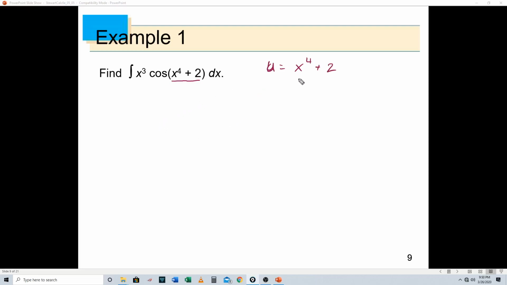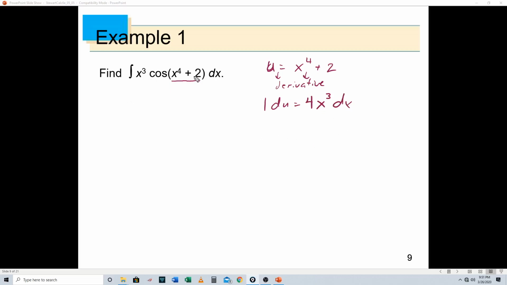So that means if we do the derivative, you don't have to write this out. Do the derivative, both sides. We get 1 du is equal to, not 3, bring down the 4, x cubed, and the 2 cancels, dx.